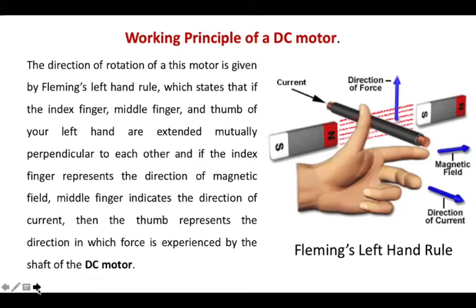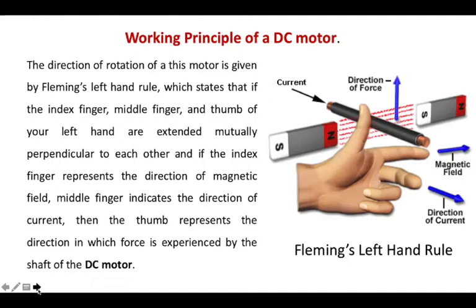Now, Fleming's left-hand rule is used to find out the direction of motion for the DC motor. As we know, when we give a DC supply, the conductor experiences a force if it is placed in the magnetic field, and we can find out the direction of that force with the help of Fleming's left-hand rule.